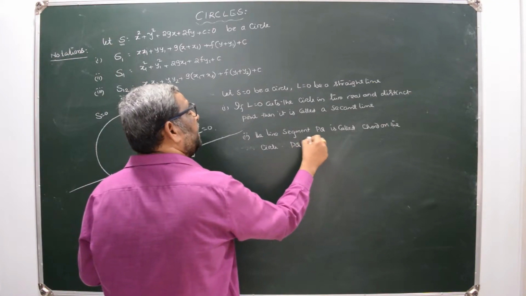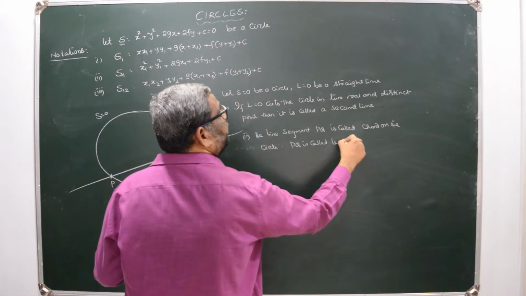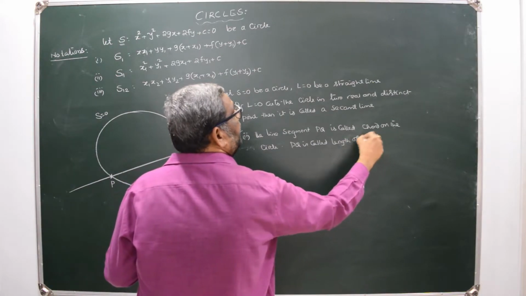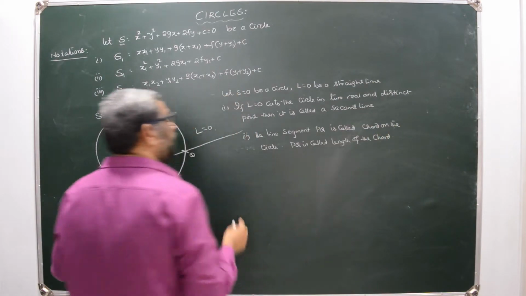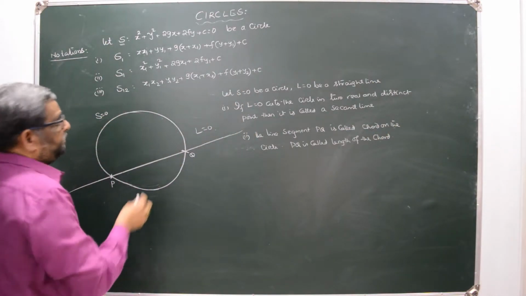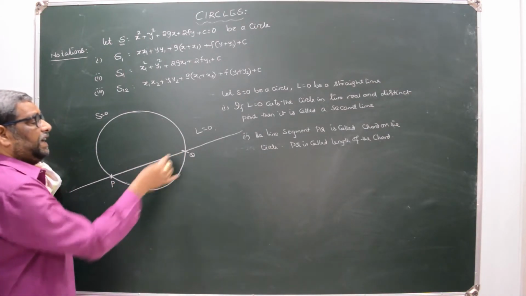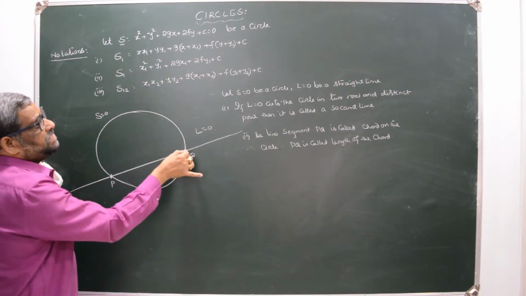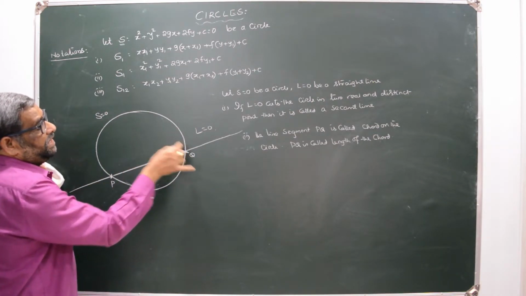PQ is called the length of the chord. Now, here, if you consider this point Q, that means one of the extremity of the chord.